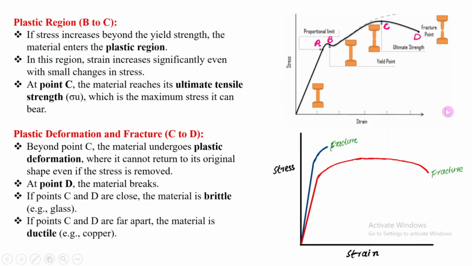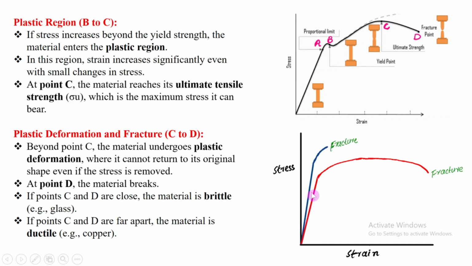Here, if we apply stress, there will be change in the strain, and Hooke's law is followed up to this point. Beyond this point Hooke's law is not valid, but the material is still elastic, and here the breaking of the material occurs, and this material is brittle.